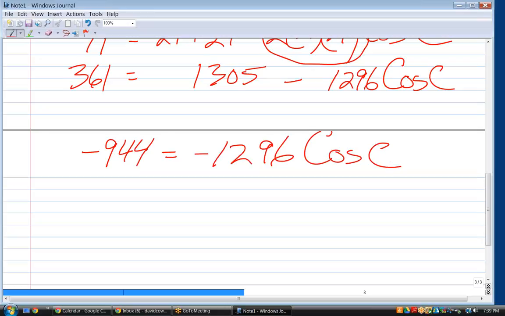Divide by negative 1,296. What do you get over on the left? .728. Oh wait, well we need to do the inverse cosine of that.